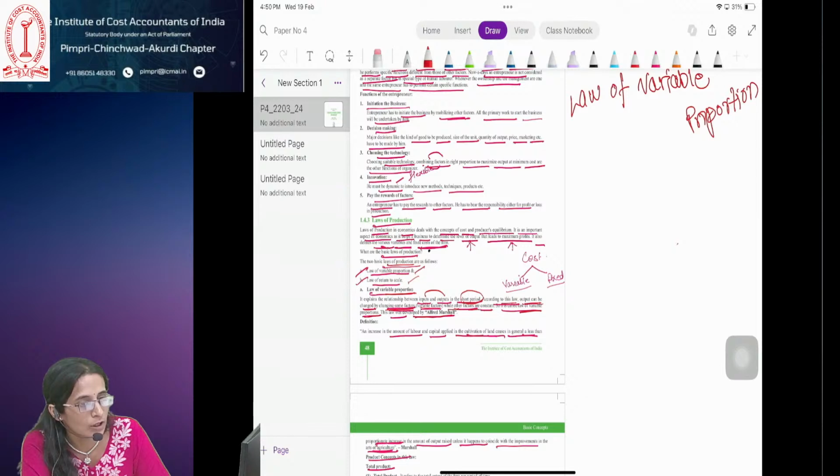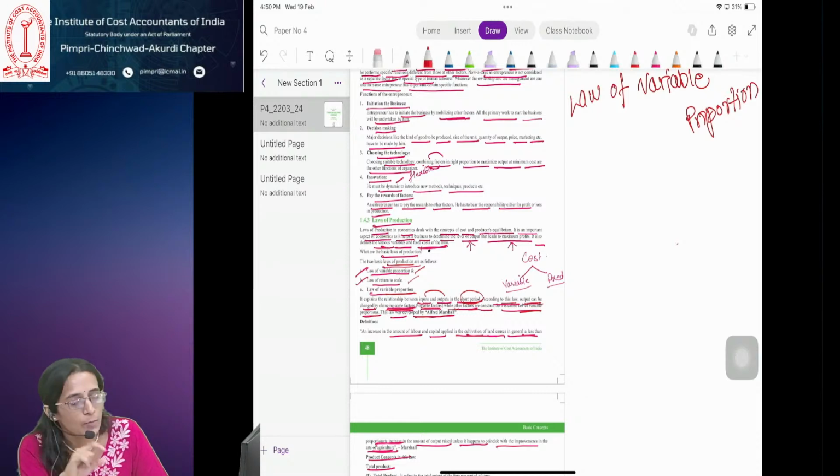One factor is variable and the other factors are constant. The name itself suggests variable proportion. You need to remember it like that. With these factors of production, we will be producing.